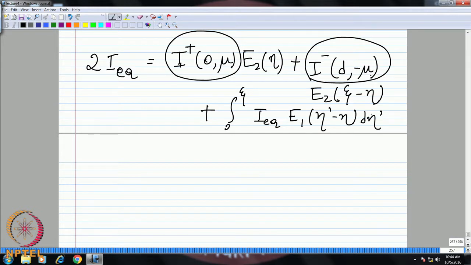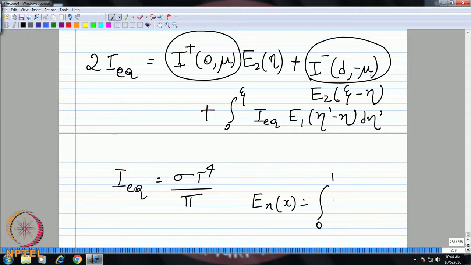Eta prime is a dummy variable, where now I equilibrium is related to your temperature like this, and your integral functions, x power, mu power n minus 2, exponential of minus x by mu, d mu, the same integral function. These are popularly called Fredholm integral functions.